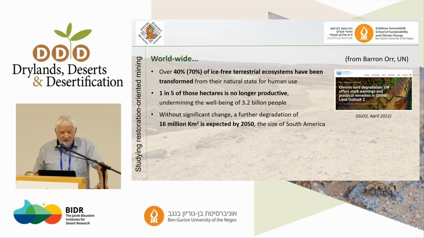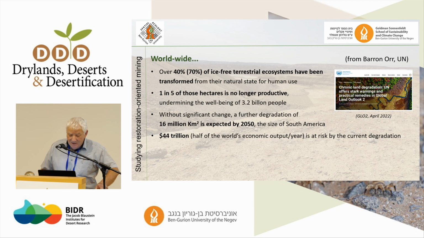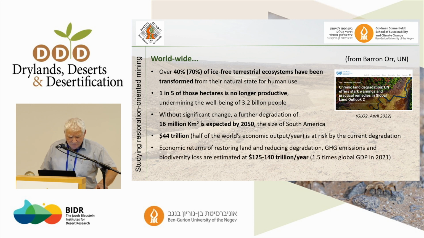We keep doing the same thing, and unfortunately, this is where we are going. This means that about $44 trillion is at risk from the current degradation. And again, it has consequences for our future existence.